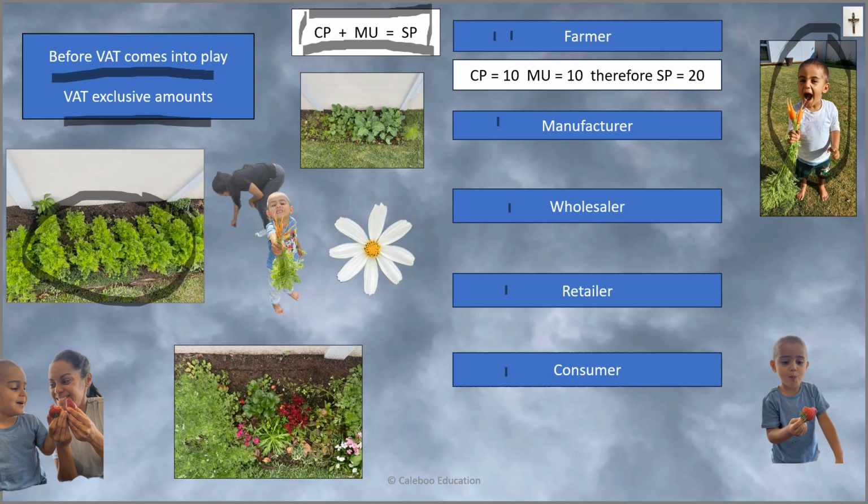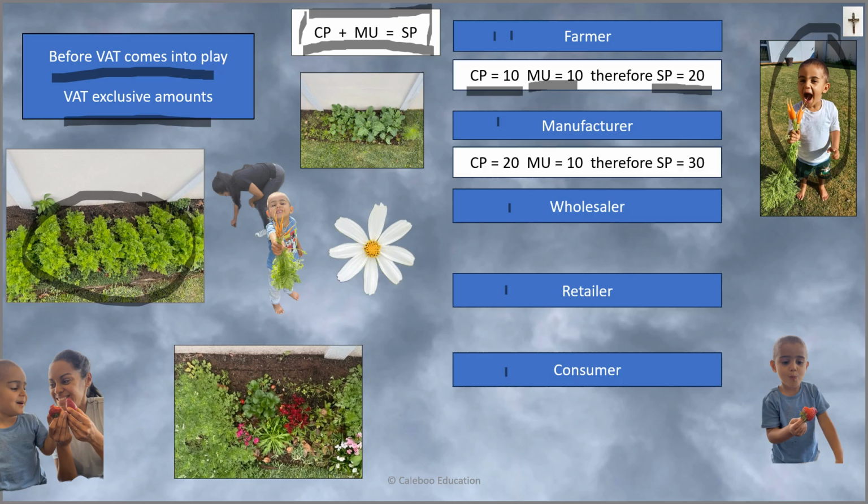So the farmer pays 10 Rand for items, standard rated items, or items to enable him or her to farm. When they sell the product, they're going to add an extra 10 Rand, so therefore the selling price will be 20. So the cost price plus the markup is equal to the selling price.